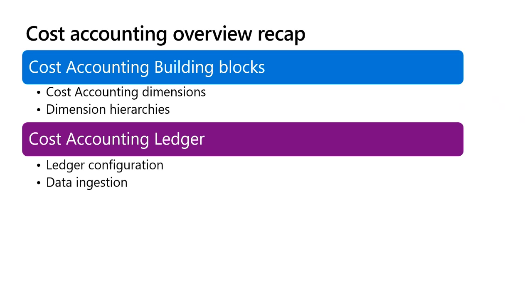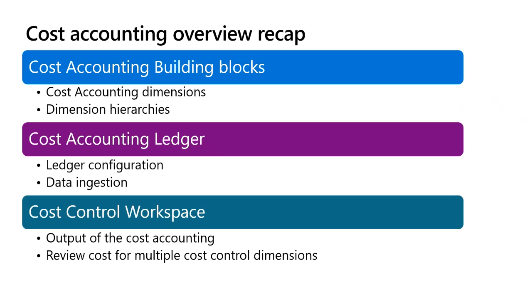We talked about the cost accounting ledger configuration and how we can bring data into the ledger. In today's session, we will go through this again, but using statistical measures in the cost accounting ledger. We reviewed the cost control workspace, which is where we can validate the output of cost accounting and review the output in line with the cost control dimension. In past examples, we used the cost center as the main cost control dimension.